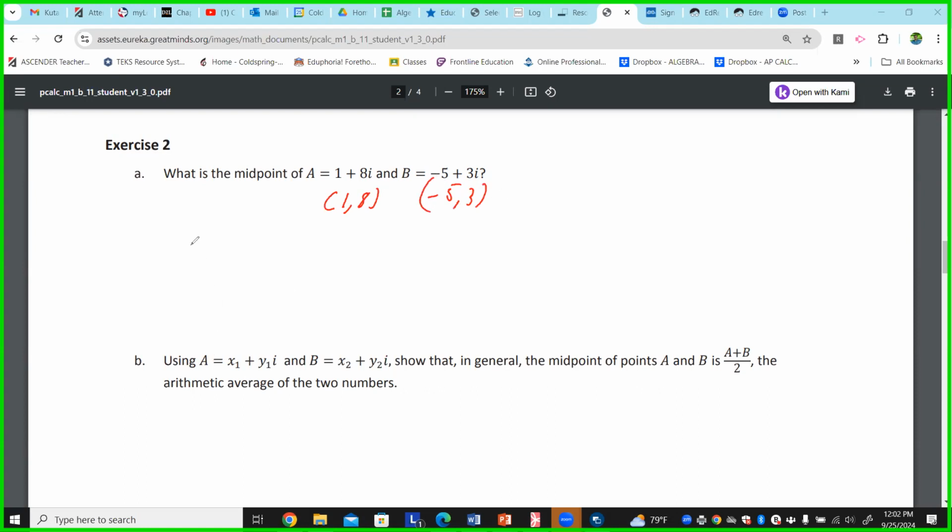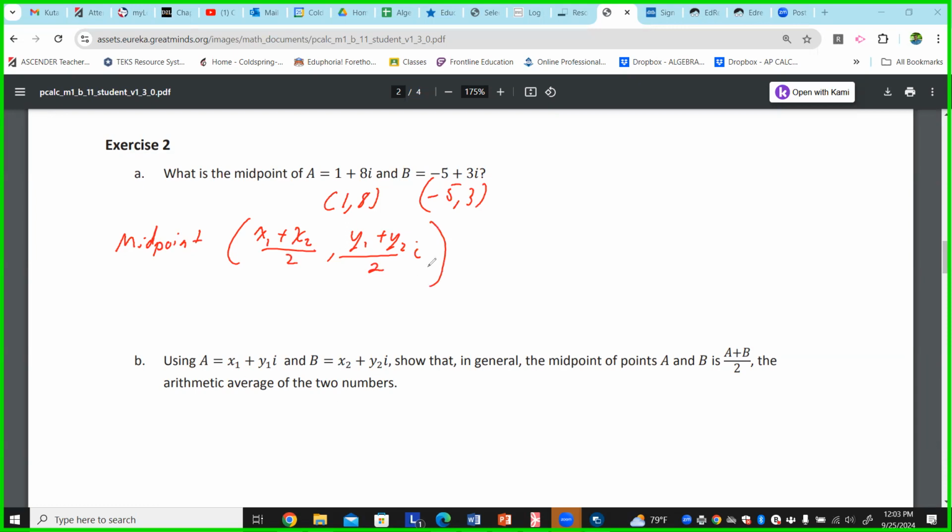In a textbook, it's going to be slightly different. It's going to look like this for the midpoint. Math doesn't change, so don't get too worried. They still do x1 plus x2 divided by 2, and they still do y1 plus y2 divided by 2, but the only difference is they're going to bring an i right there to represent the imaginary part.